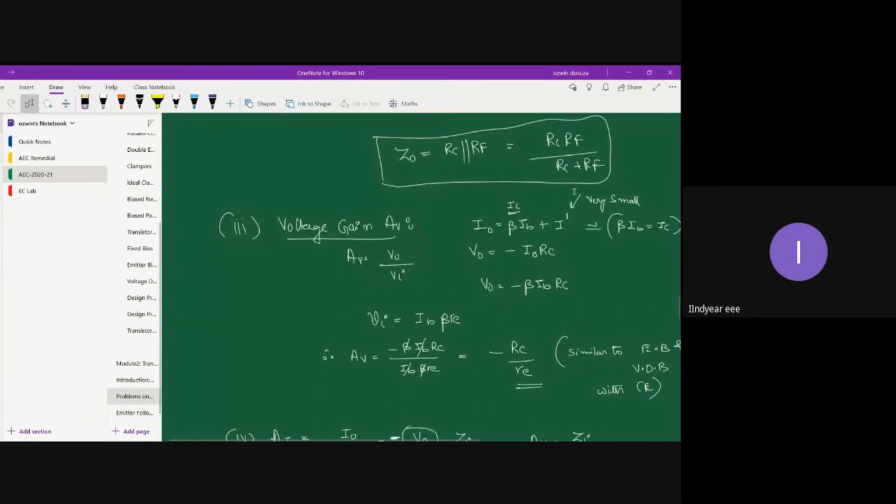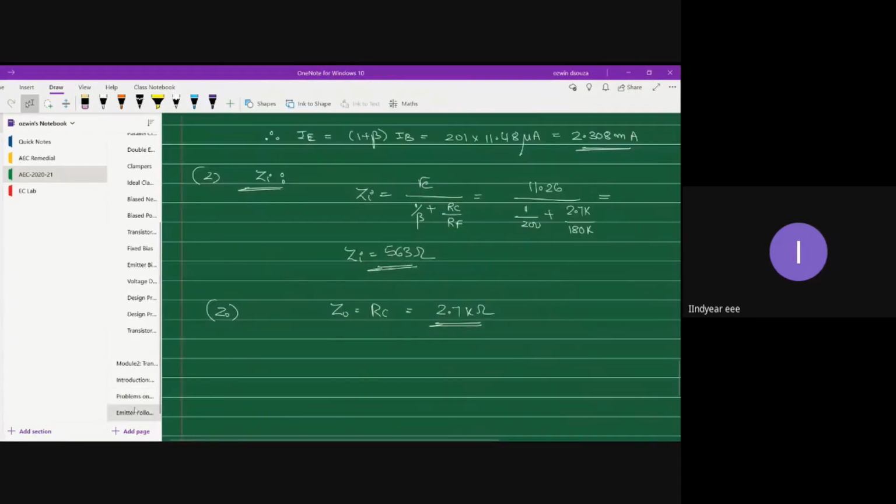If you want, I can show you RC parallel with RF: it is 2.7K into RF, RF is 180K, divided by 2.7K plus 180K.